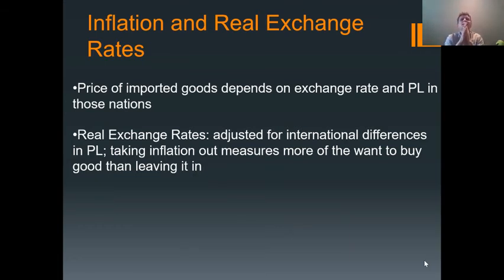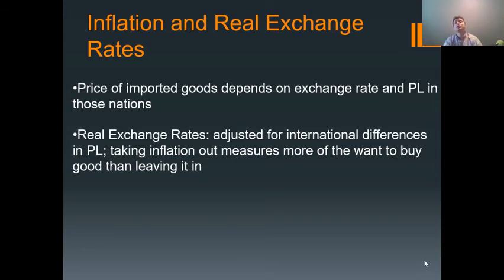Now, when you are looking at inflation and thinking about this, it usually is in terms of imported goods versus exported goods. The price of the imported goods depends on the exchange rate and price level in those nations. A lot of times we'll get it down to real exchange rates, in which we remove the international differences of price level to see really whose good is better and who wants it more.